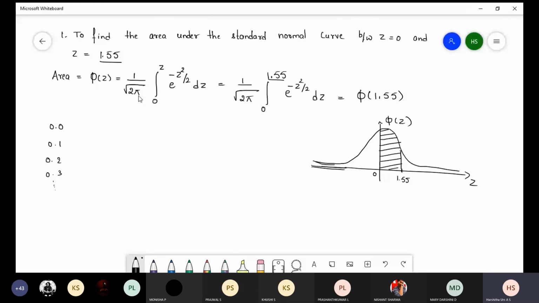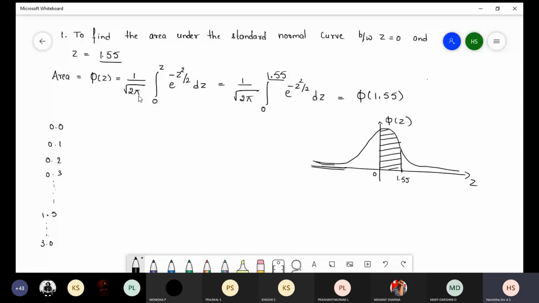In the middle you can see 1.5. Are you able to see that table which I have sent? Yes? Okay.